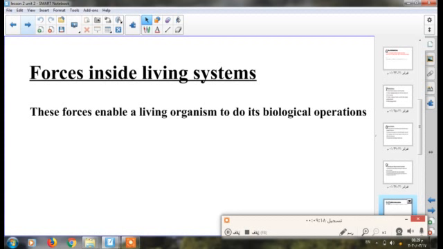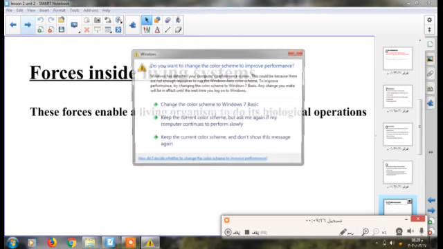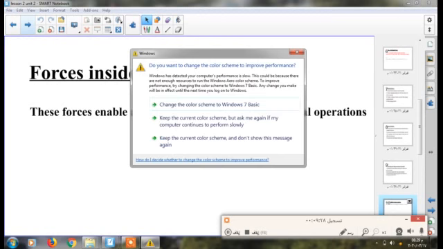It is the whole process that occurs inside the living organism and needs a biological force. So what is the meaning of the biological force? It is the force that is found inside the living organism and enables the living organism to do different biological operations.